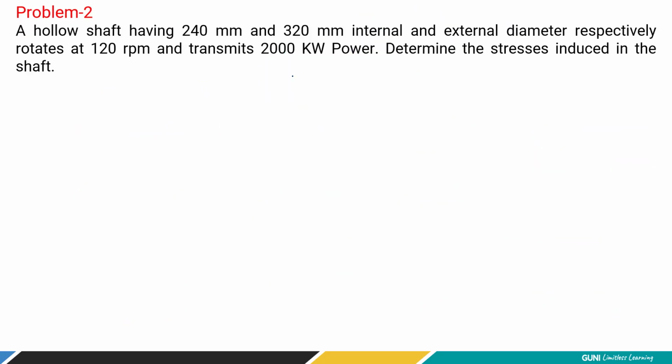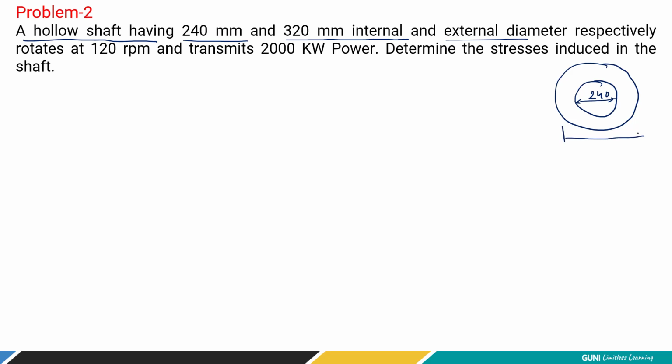Now let's try to solve the second problem. Here, a hollow shaft having 240 mm and 320 mm internal and external diameter. So it is clearly given that the shaft is hollow, with inside diameter 240 and outside diameter 320.